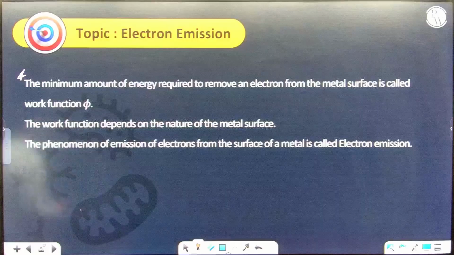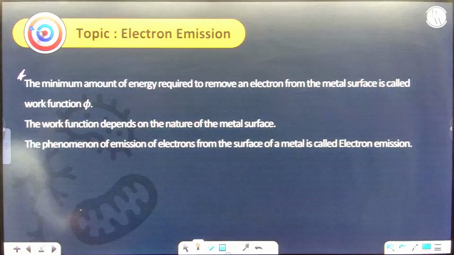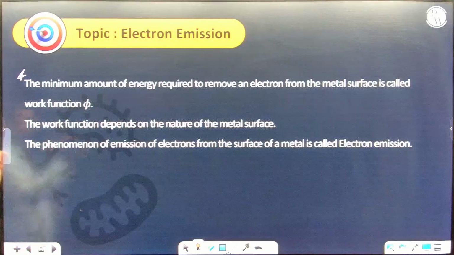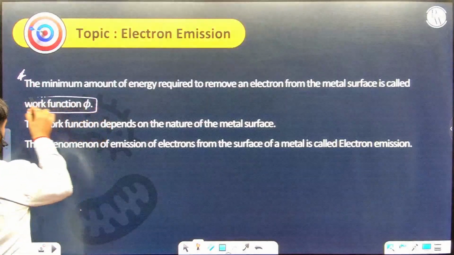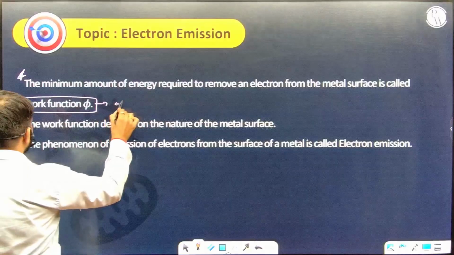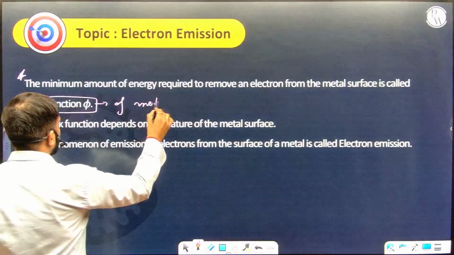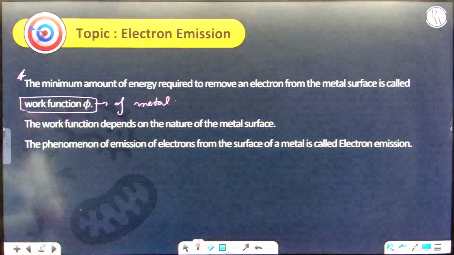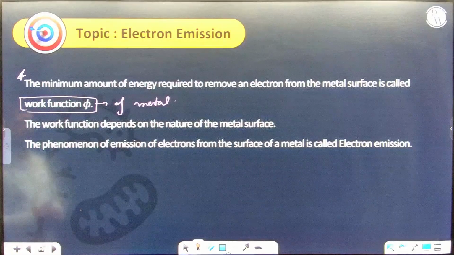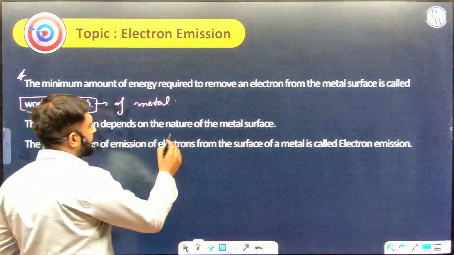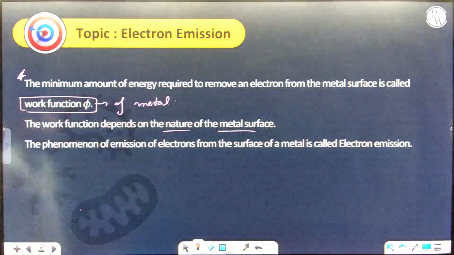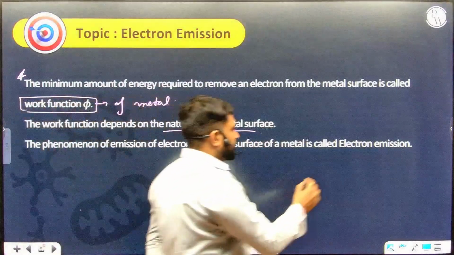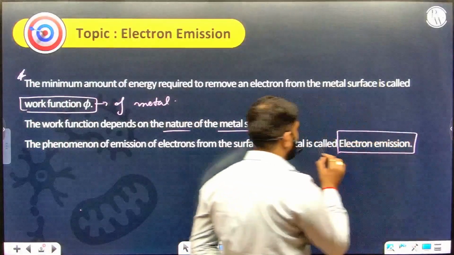That minimum amount of energy must be required so that we can remove an electron from the metal surface, and this minimum energy is called the work function of the metal. The work function phi depends upon the nature of the metal surface. The phenomenon of emission of electrons from the surface is called electron emission.